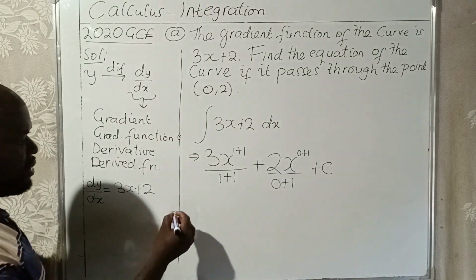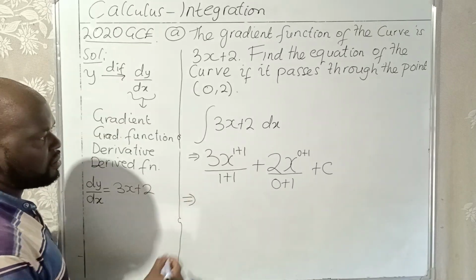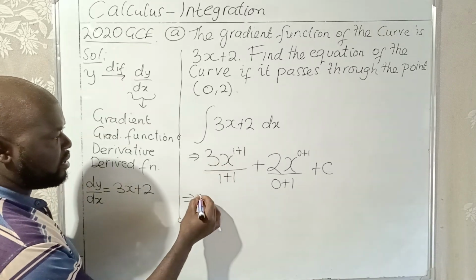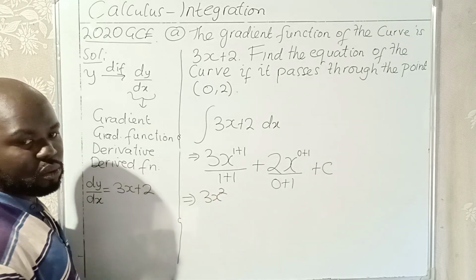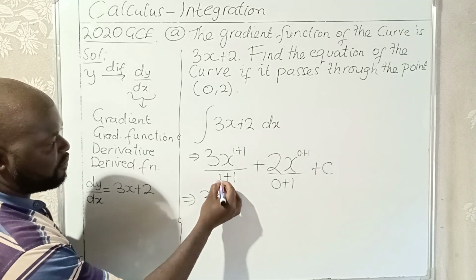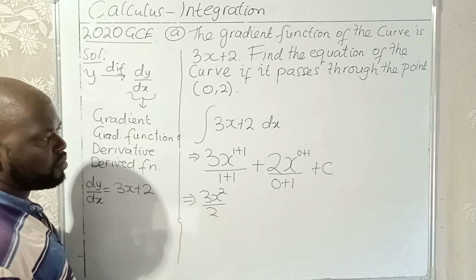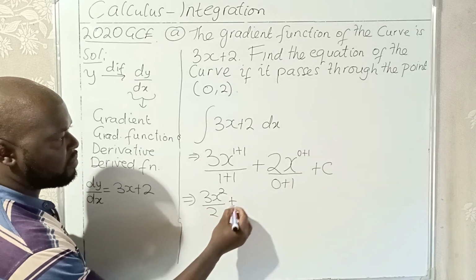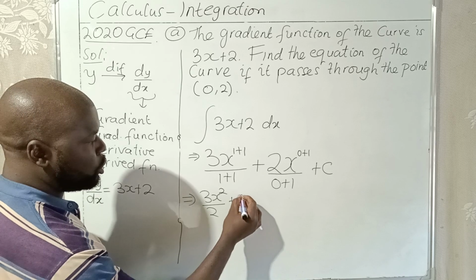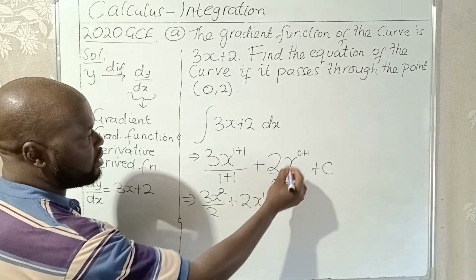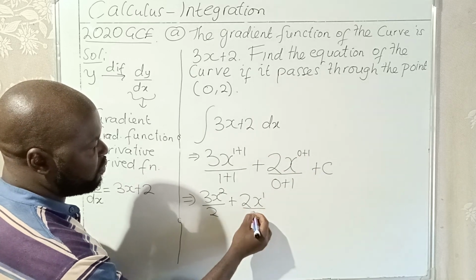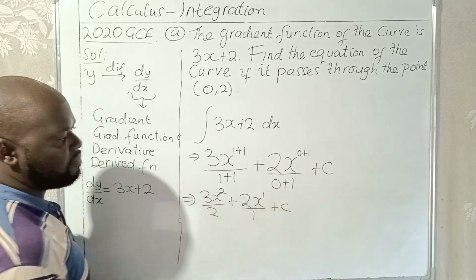So continuing, we have 3x index 2 over 2 plus 2x index 1 over 1 plus c.